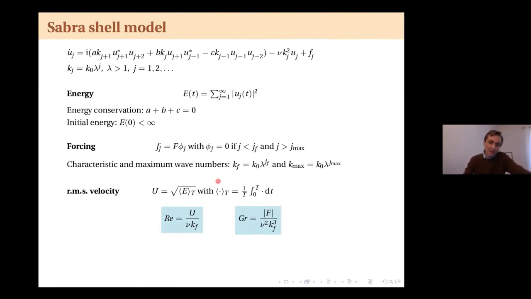And in particular, I can define a time average up to t of the energy, which gives me a root mean square velocity U, with which I can define a Reynolds number in the usual way, and the Grashof number, which, as John also recalled, is a dimensionless measure of the magnitude of the forcing.